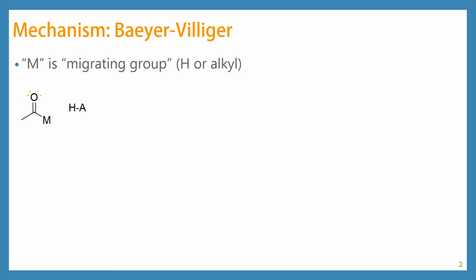So in our first step, since we are in acidic conditions, the ketone or aldehyde is protonated on the carbonyl oxygen. The compound then undergoes a nucleophilic addition to the carbonyl from the outermost oxygen of the peroxycarboxylic acid. And then we will push the electrons in the carbonyl pi bond up onto the positively charged oxygen of the carbonyl.